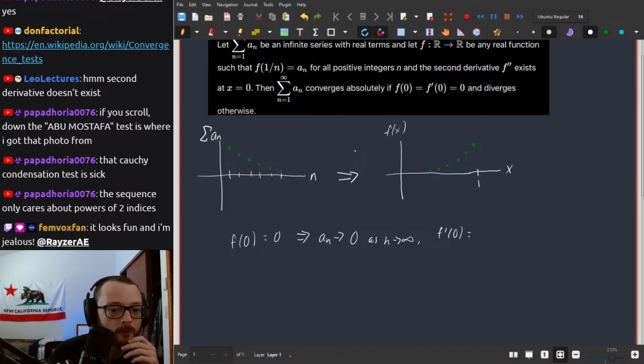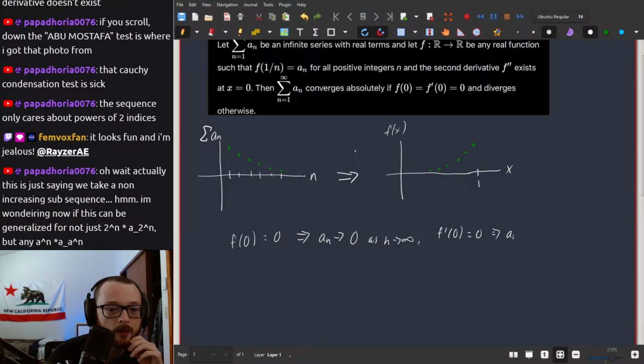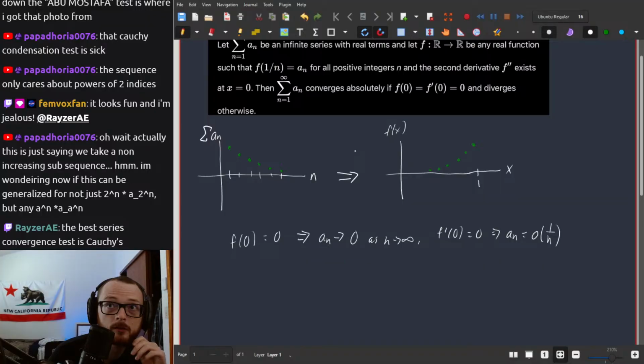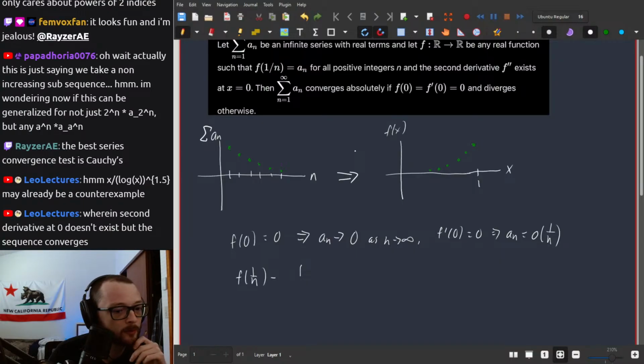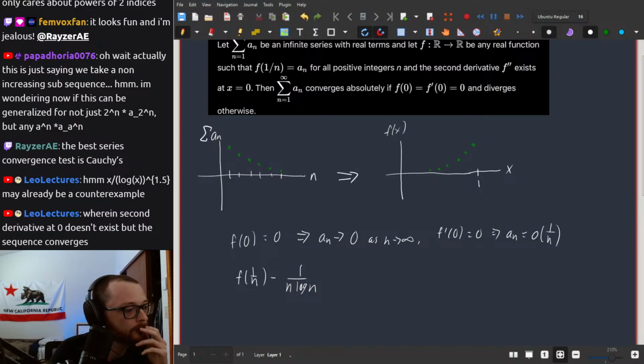F prime 0 is 0 implies a sub n is little o of 1 over n. I can imagine that's probably true. And Leo's thinking about considering f of 1 over n minus 1 over n log n? I'm not sure what that would do for us.